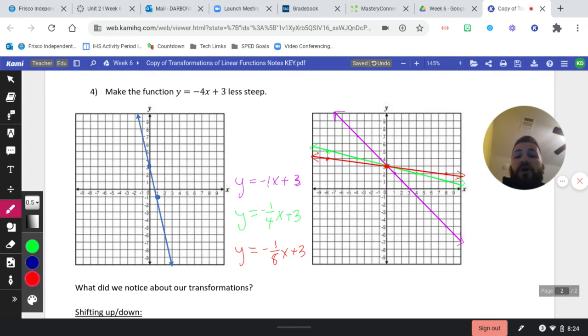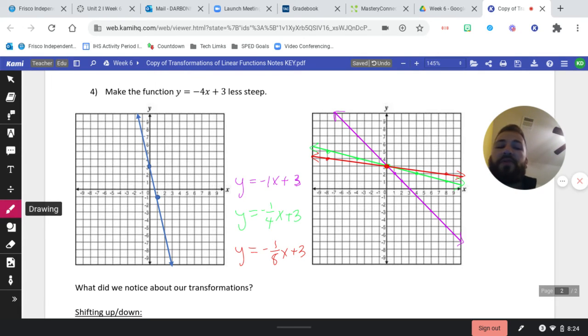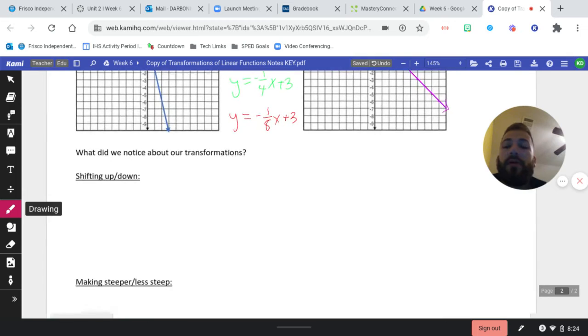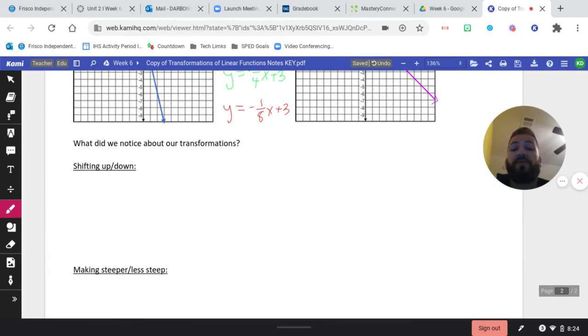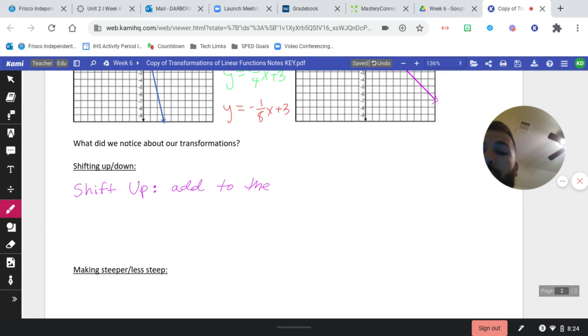Now let's draw some conclusions about the different transformations we saw. What do we notice about our transformations? Shifting up or down: if I want to shift up, I'm going to add to the y-intercept.